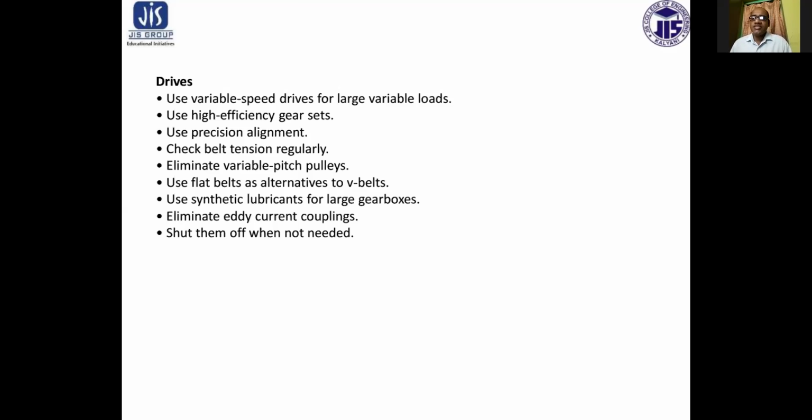Use flat belts as an alternative to V belts, because the power ratio of the V belts is higher than the flat belts. Use systematic lubrication for large gearbox. Eliminate eddy current coupling. Shut them off when not needed.